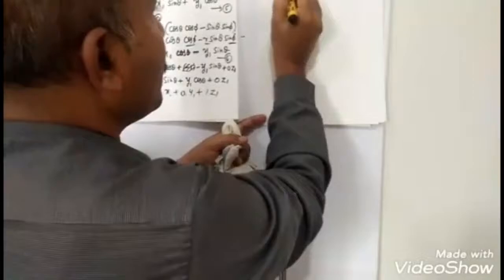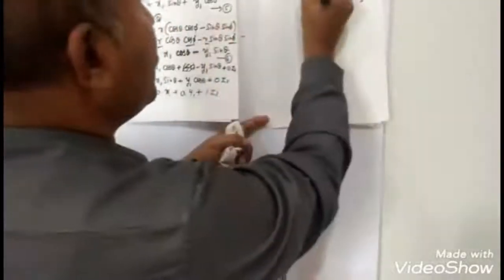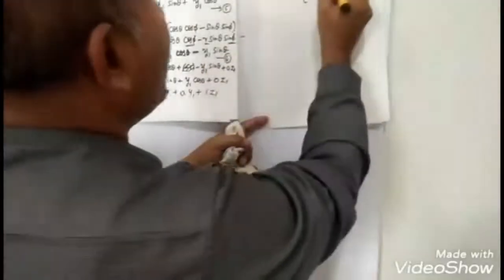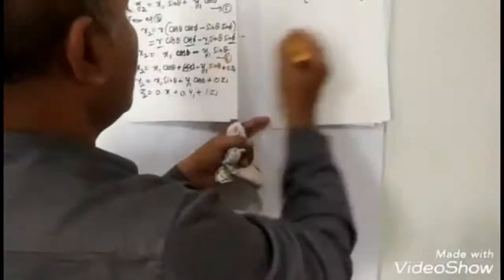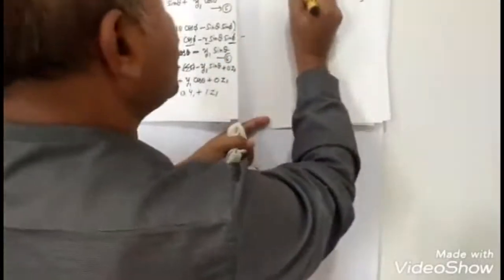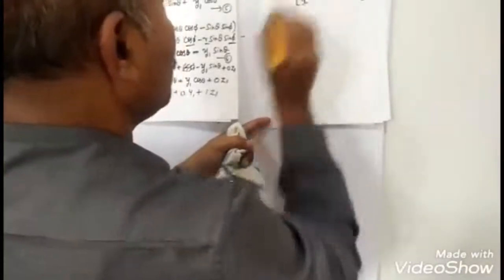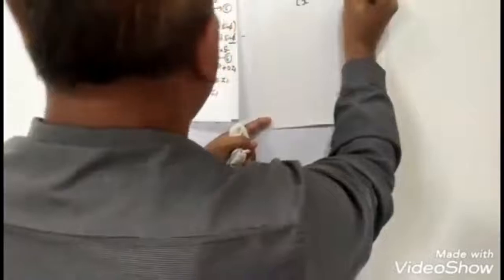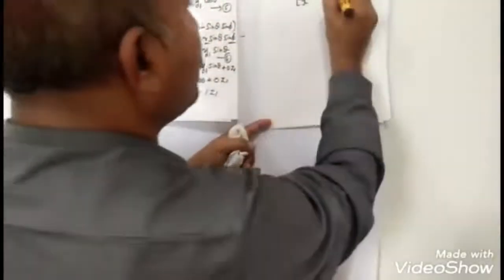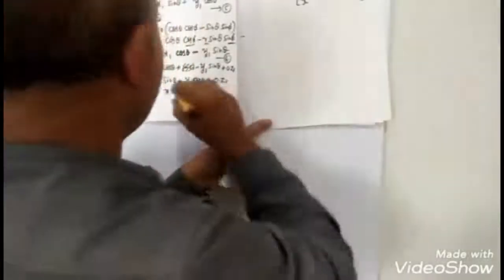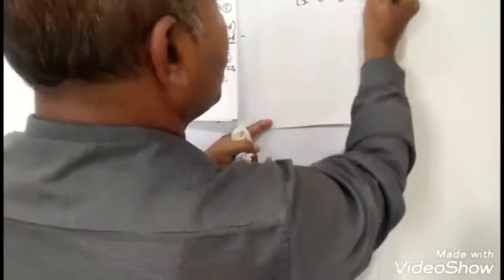The C and Z anti-clockwise matrix is equal to cos theta, minus sin theta, 0, into x2, y2, z2 on the left side. Again, the next row is sin theta, cos theta, 0, then 0, 0, 1, into x1, y1, z1.